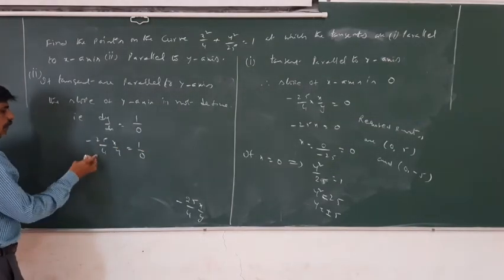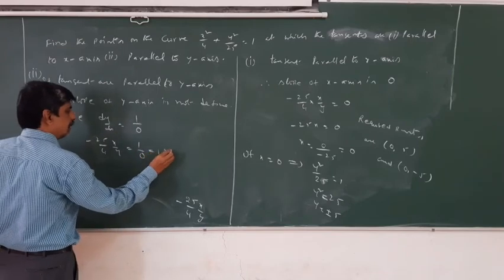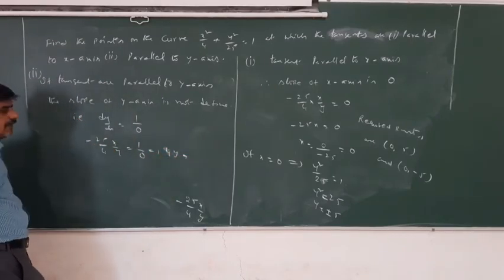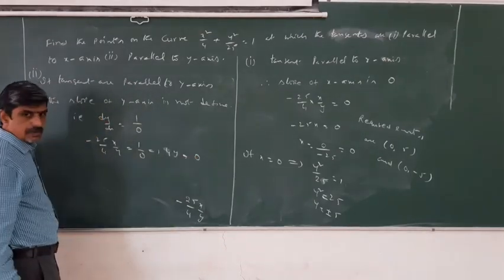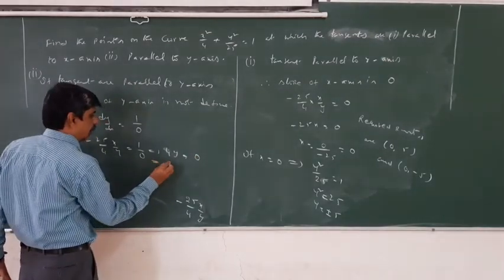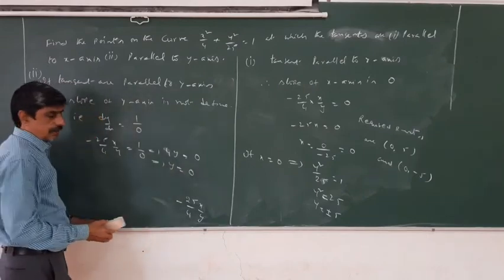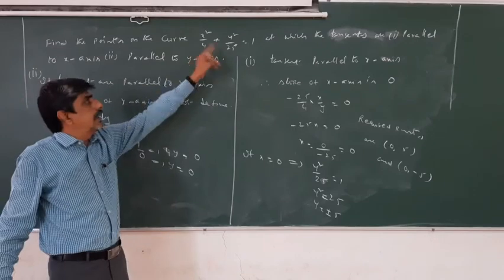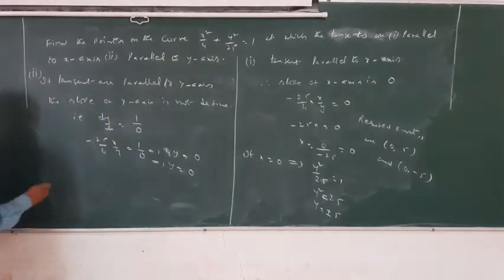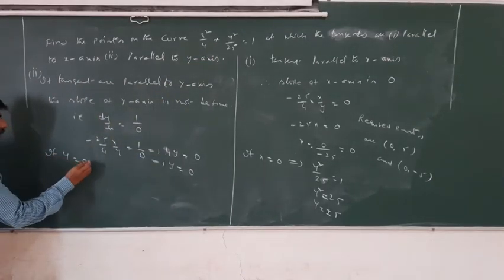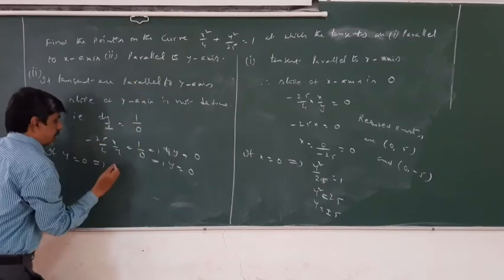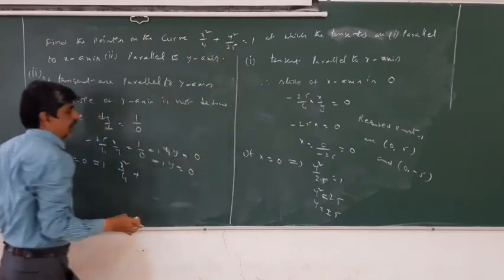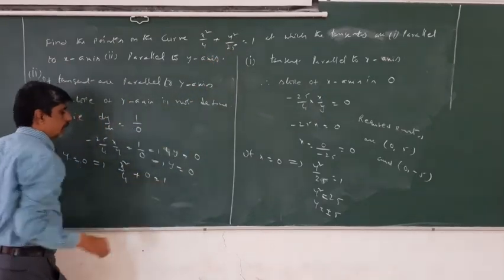Then cross multiply: 4y into 1, 4y is equal to 0 into minus 25x, so 0. So 4y is equal to 0, then y is equal to 0. Substitute in the given curve: if y is equal to 0, then x square by 4 plus 0 square by 25 is equal to 1.